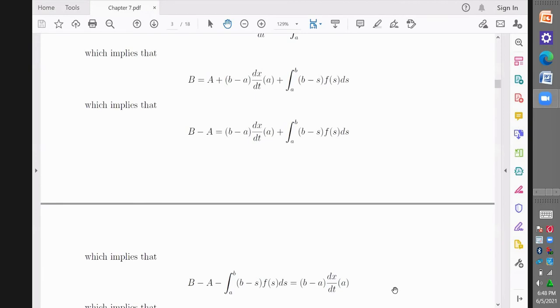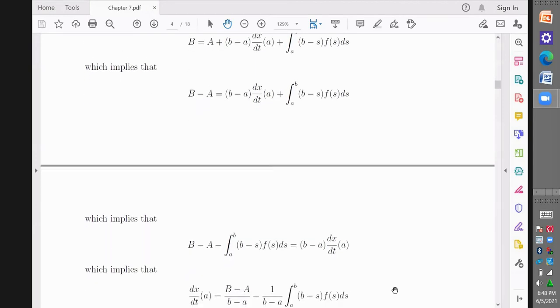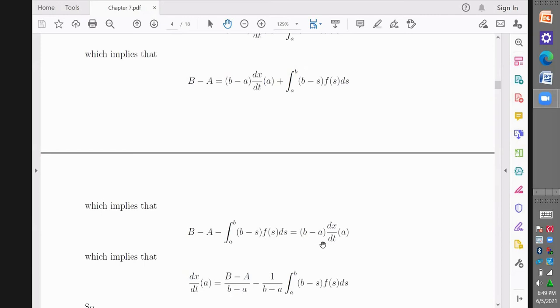So dx over dt, just divide this by (b minus a), so you can see dx over dt at a is (b minus a) over (b minus a) minus 1 over (b minus a) integral from a to b of (b minus s) f of s ds.